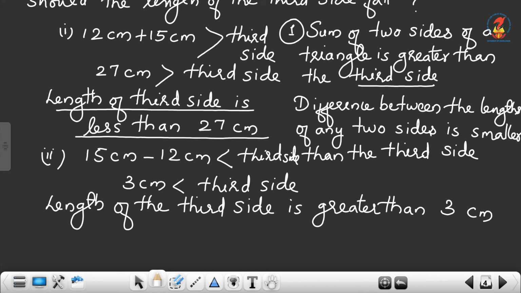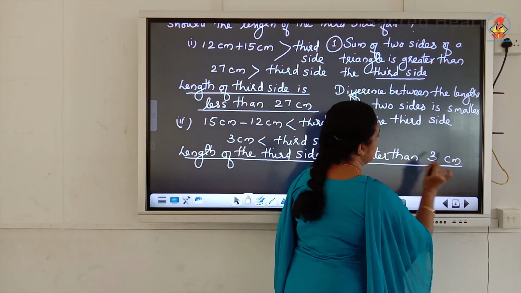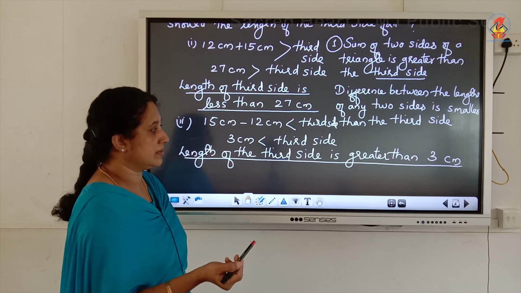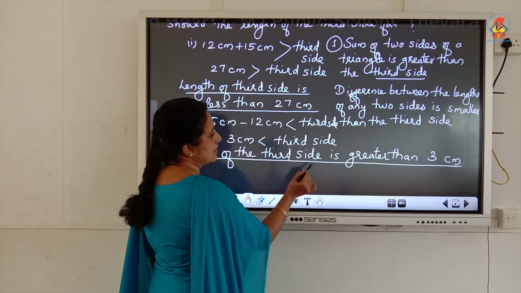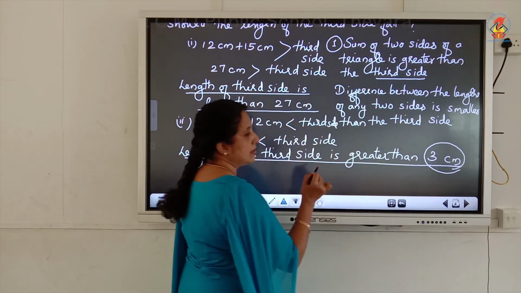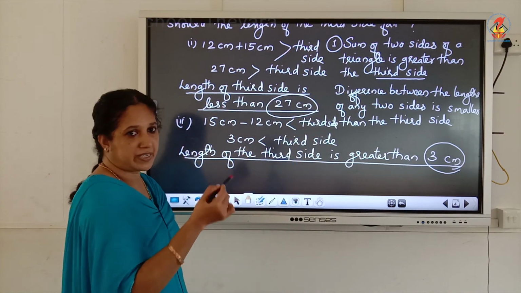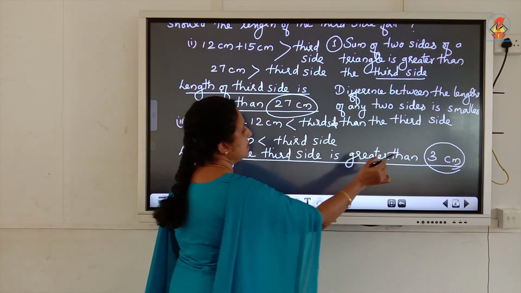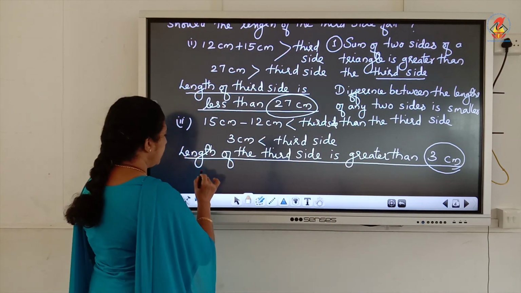Now look at that, the length of the third side is less than 27 cm we got, and the length of the third side is greater than 3 cm. So between what two measures the length of the third side falls, that we have to find out. Now we found that the length of the third side is greater than 3 cm, but it is less than 27 cm. So what we can say? The length of the third side lies between 3 cm and 27 cm.